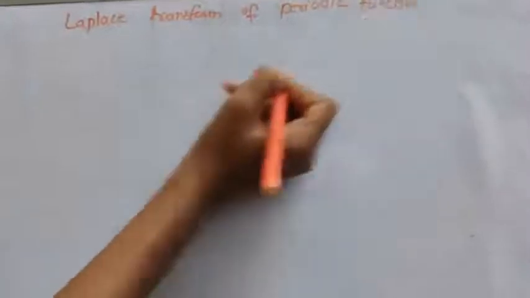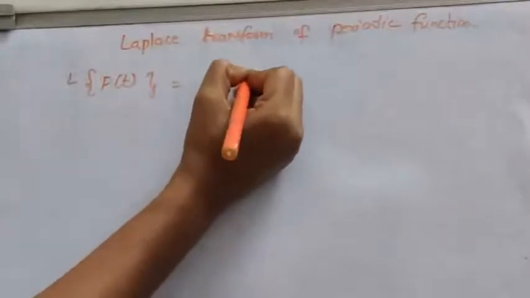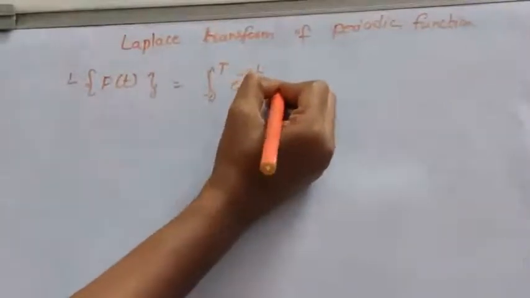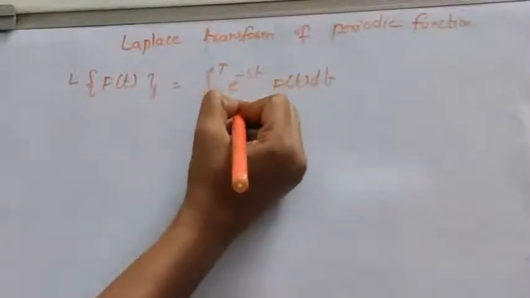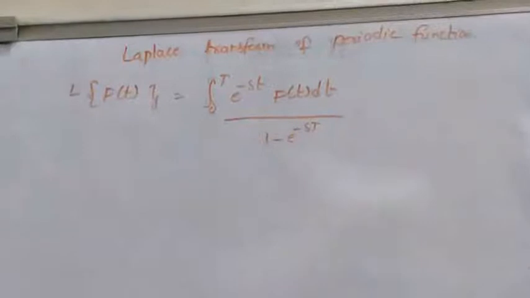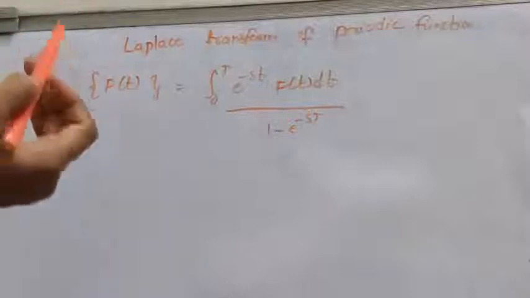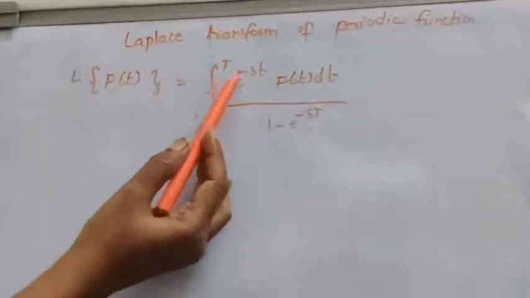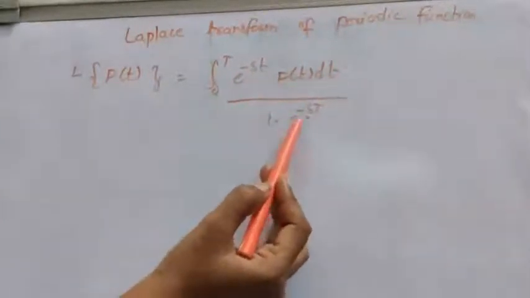In Laplace transform of periodic function, we have to prove that L of f of t is equal to integral 0 to T e power minus st f of t into dt by 1 minus e power minus sT.